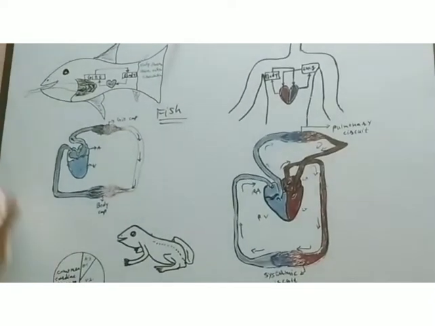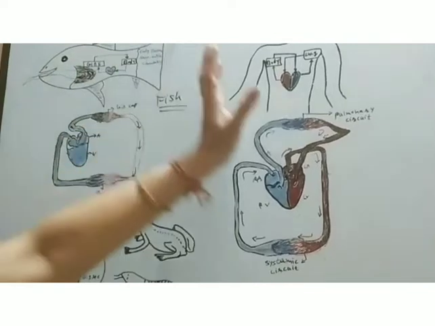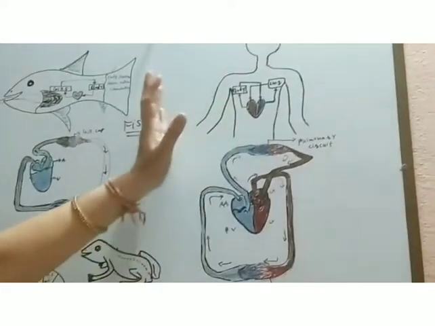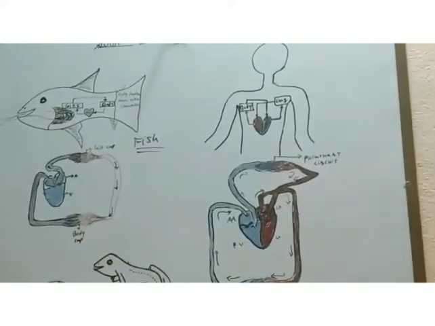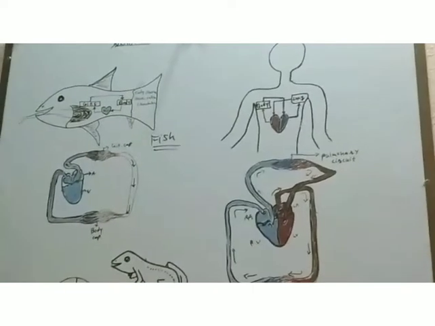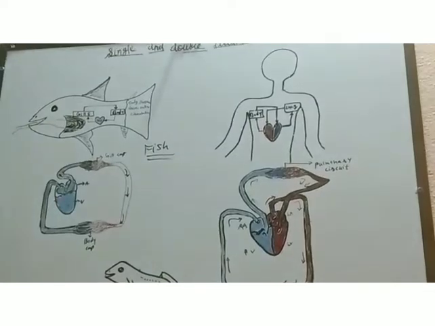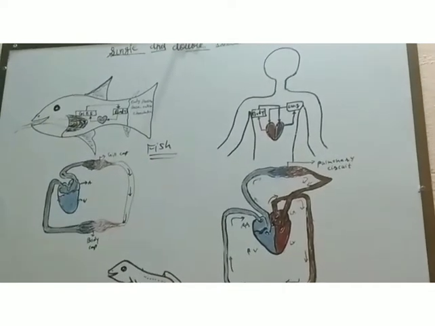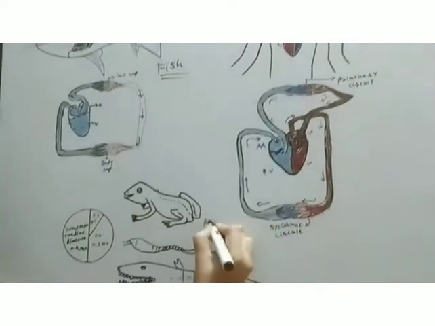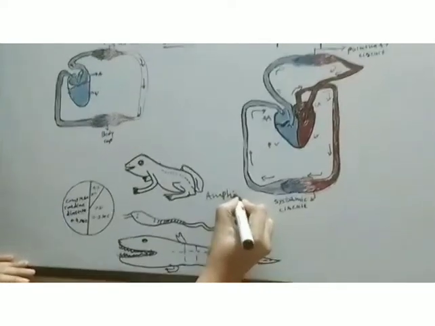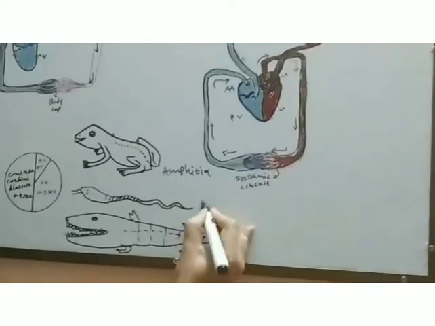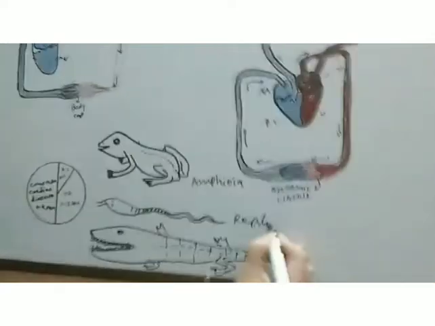Now this is the single circulation and this is double circulation. But there is an intermediate condition which is called incomplete double circulation, which is not single, not double. This takes place in the organisms of the amphibia group and reptilia.